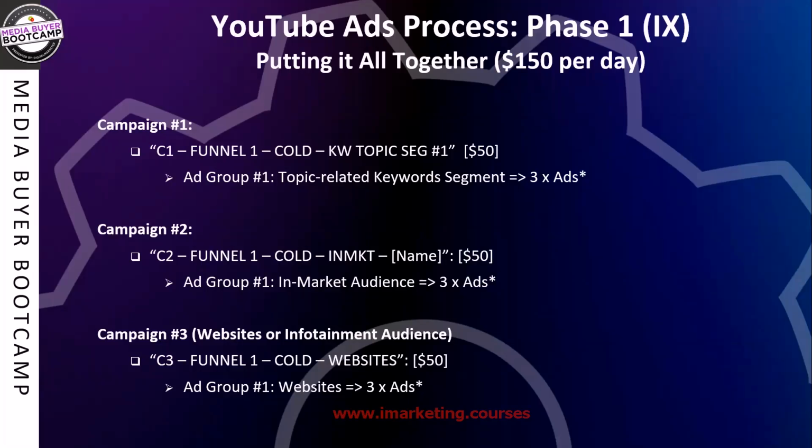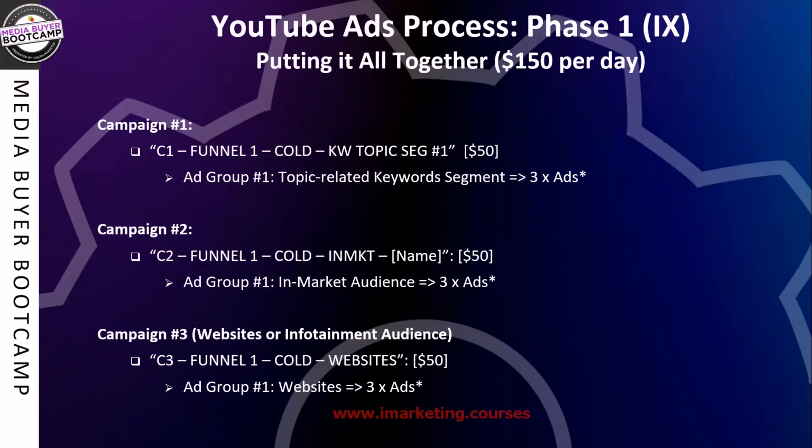So the goal of this structure is to be very clear about what we're testing. If you allow Google to put multiple ad groups within a particular campaign, it will spend the money, maybe $30, $40 in ad group number 1 and $5 in ad group 2, for example.